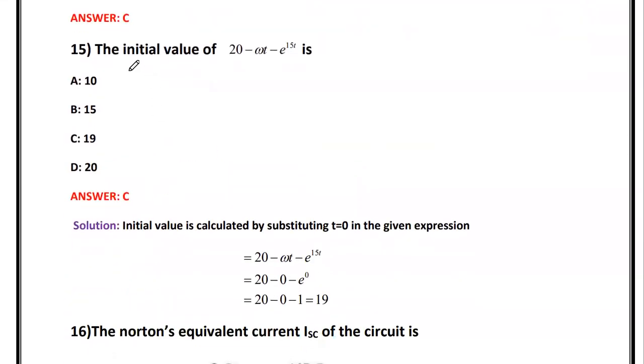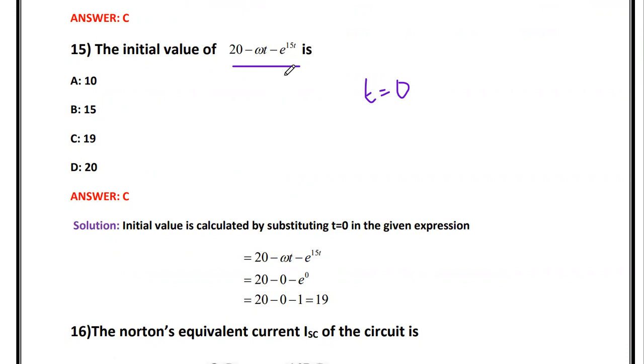Then the next question: the initial value of 20 minus e power minus omega t minus e power 15t is dash. For this function, we have to find the initial value. The initial value is the value of the function at time t equal to 0. Similarly, the final value is the value at t equal to infinity.